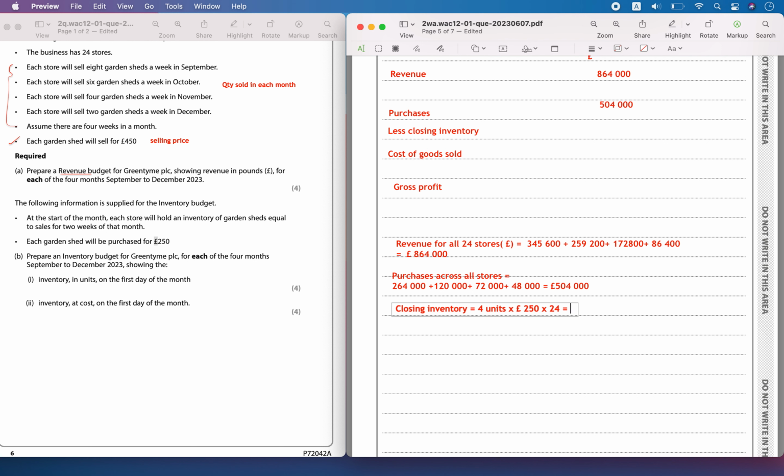So that is going to be equal to 4 into 250 into 24, that is equal to 24,000 pounds. So let's calculate 24 stores. So that is going to be equal to 24,000. So less 24,000.